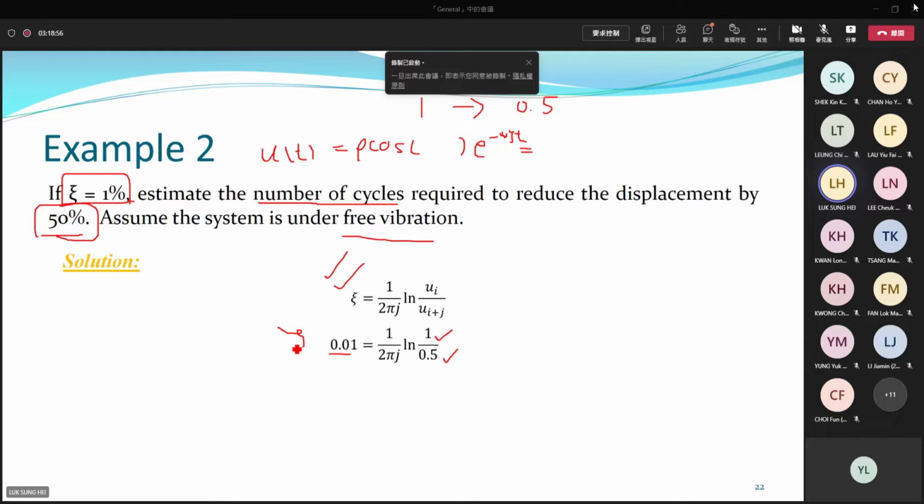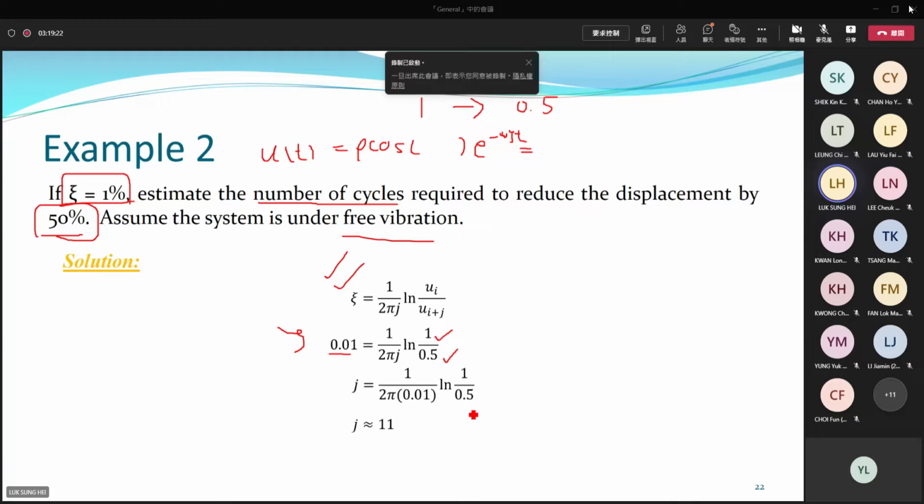J means the number of cycles, right? How many cycles between u_i and u_(i+J). By slightly rearranging the formula, moving J to the left and the other items to the right of the equation, you can find that J is approximately 11. After 11 cycles of free vibration, the displacement is reduced to approximately 1/2 of the initial value.